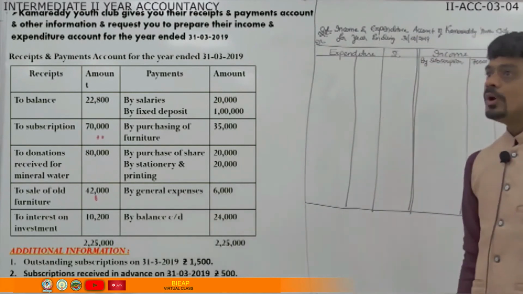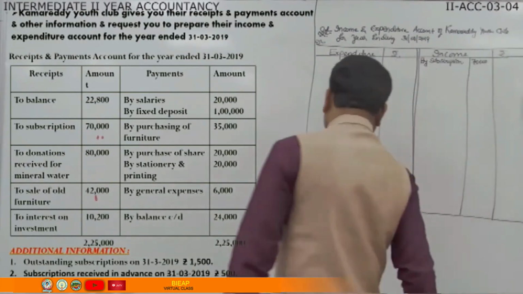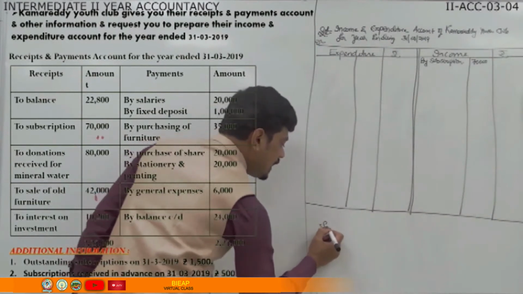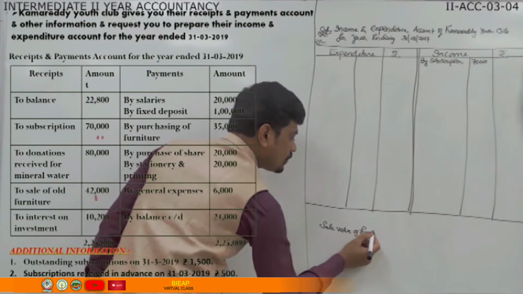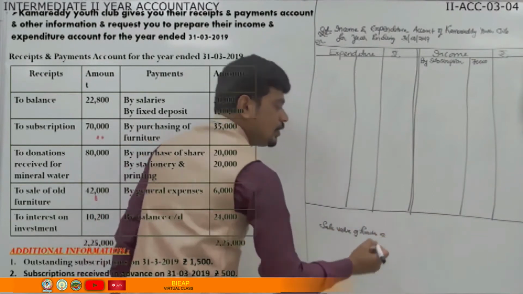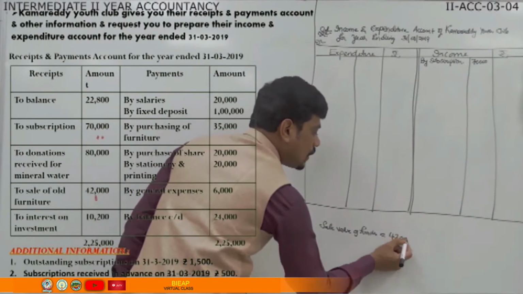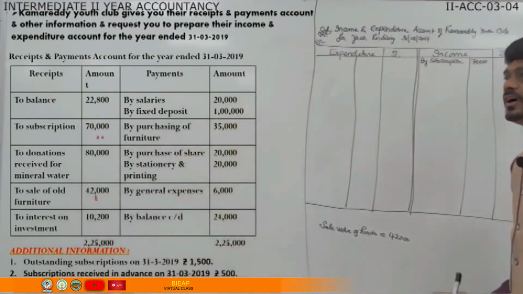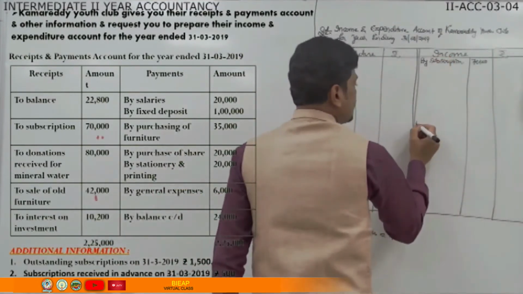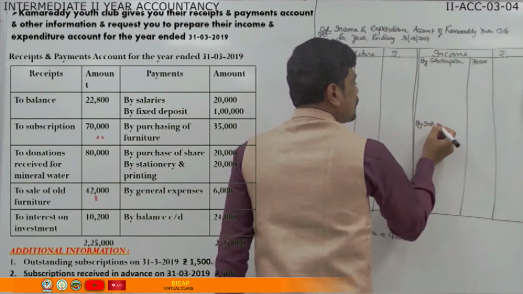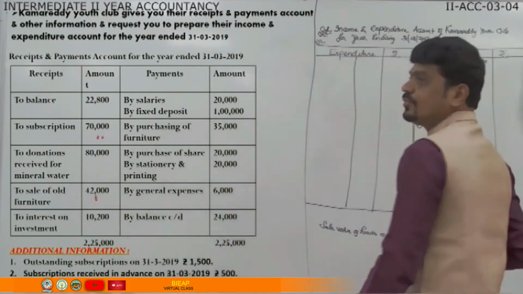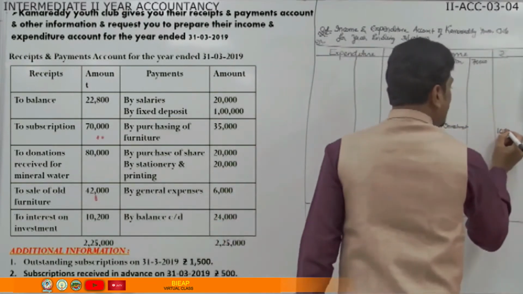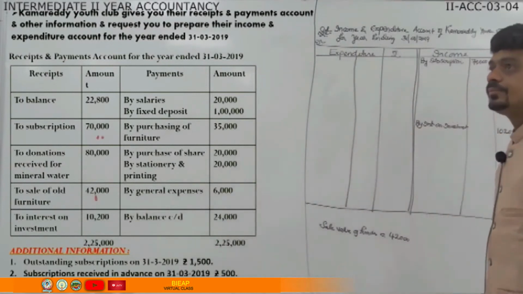Then they gave sale of old furniture. So working: here I'll write sale value of furniture. I left some gap and I wrote 42,000. Sale value of old furniture 42,000. Then interest on investment. So income, leaving some gap, by interest on investment, no adjustment, so we can write the amount 10,200.